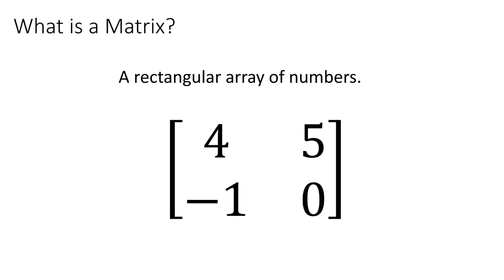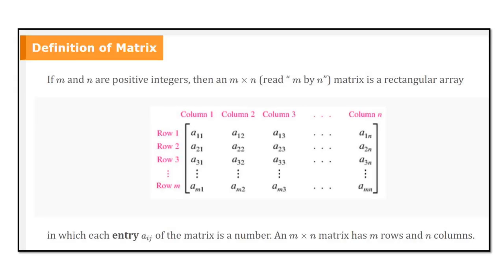As you can see here, we're going to use brackets, and then we have these numbers inside. These numbers inside are called elements. They're made up of rows and columns. Our columns go up and down, and our rows go across.